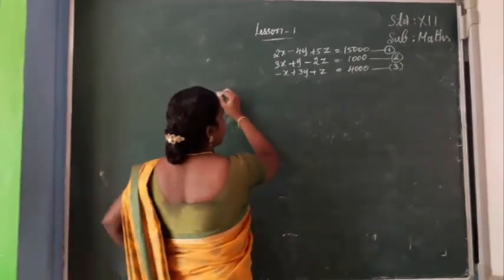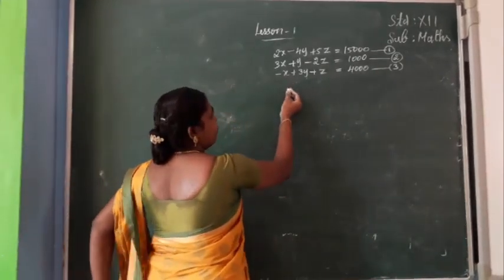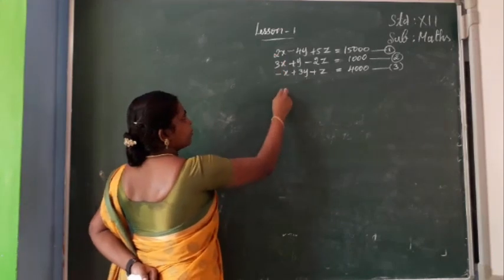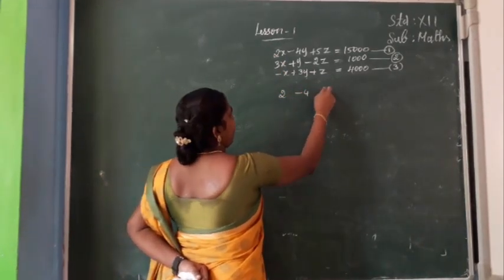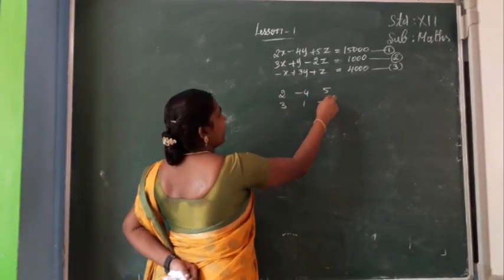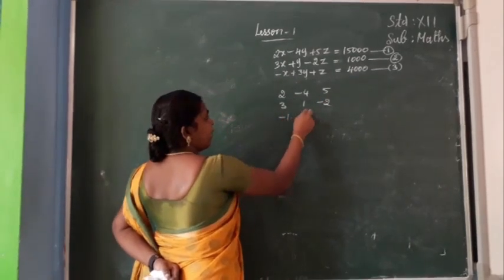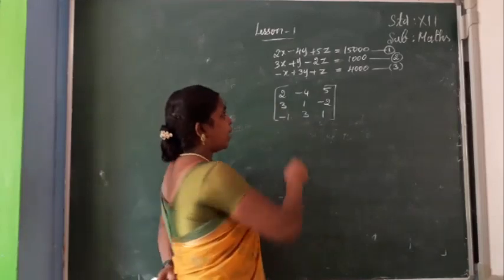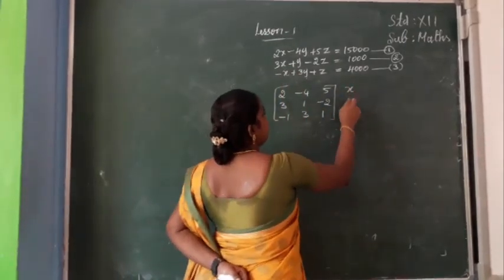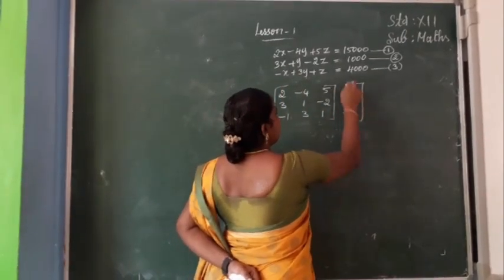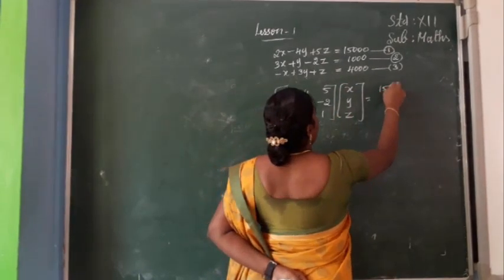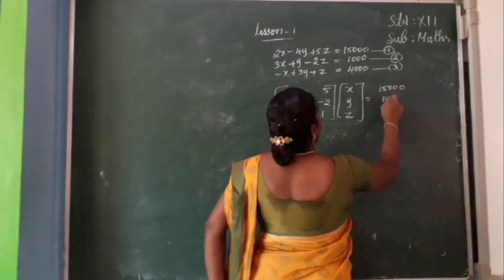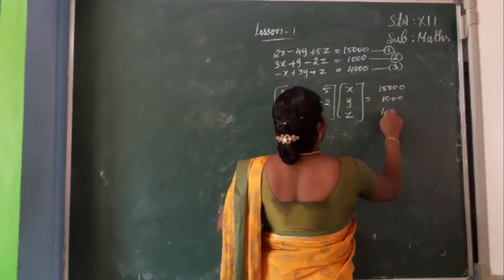First you have to write the given equations in the form AX equal to B. So A is the matrix 2, minus 4, 5; 3, 1, minus 2; minus 1, 3, 1. Then X is the unknowns x, y, z, equal to B: 15,000, 1,000, 4,000.